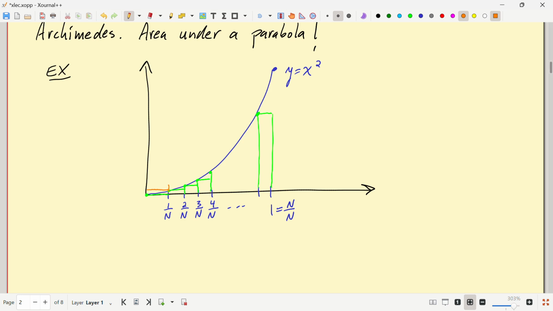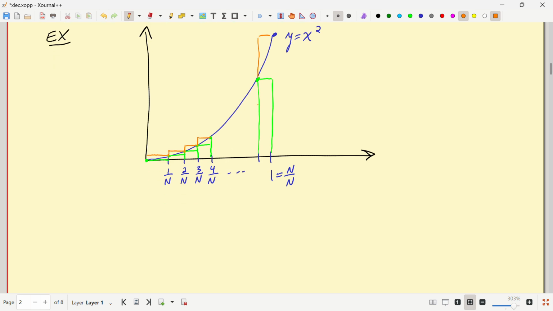Then the next one would be that one, that one, that one, and the last one here would be this one. Try to make it look better. Okay, so the green ones are less than the area, and the orange rectangles, the areas add up to something that should be greater than the area.